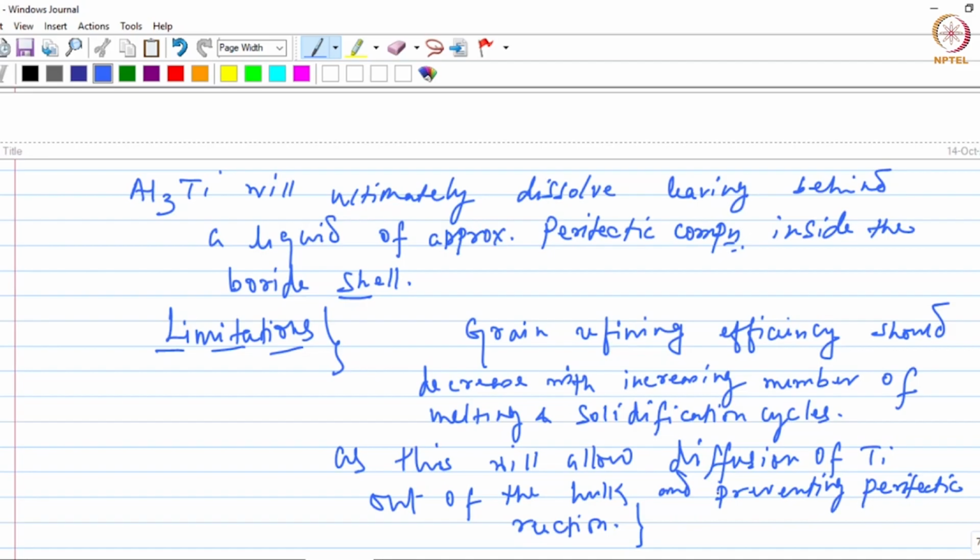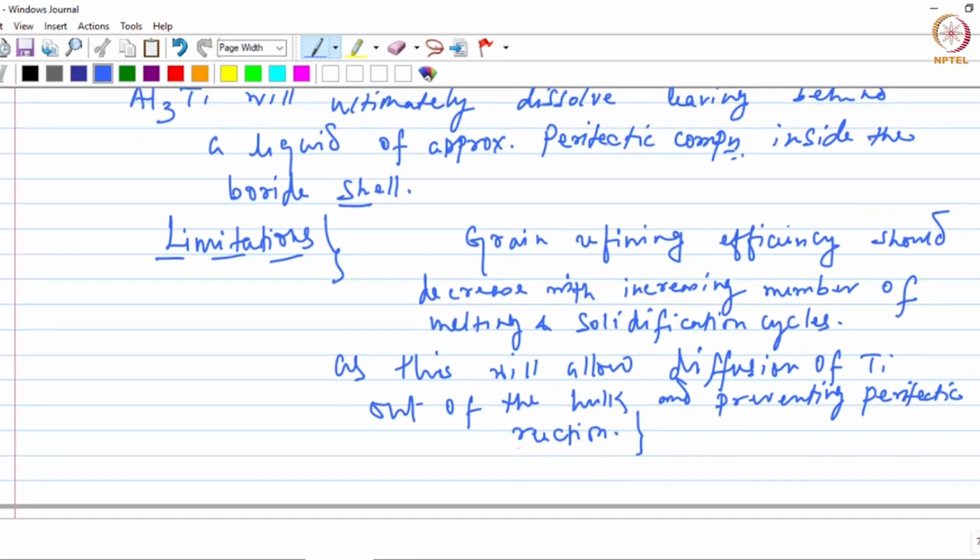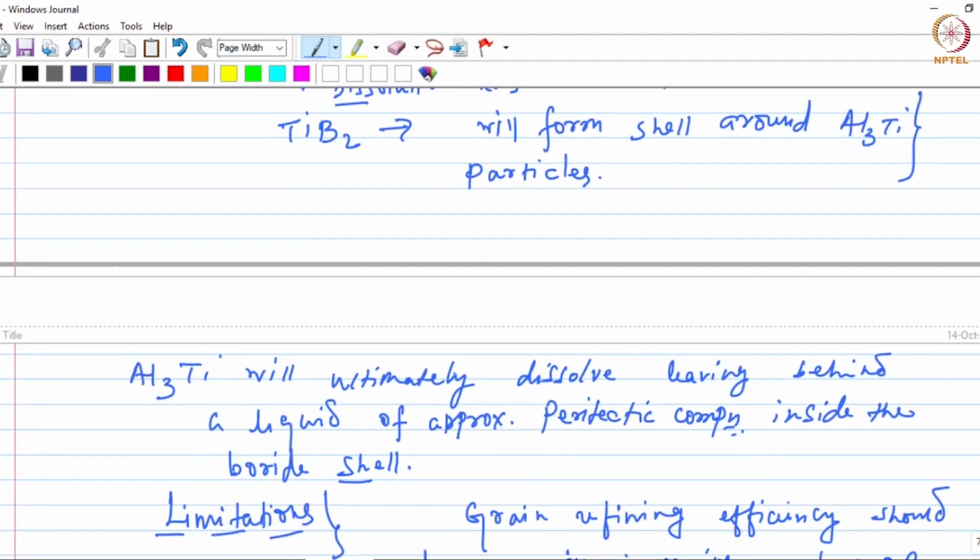But experimentally, it has been shown that the grain refining efficiency does not really change as you increase the number of cycles, right? So that is how it is difficult to explain the nucleation with the formation of such shells.